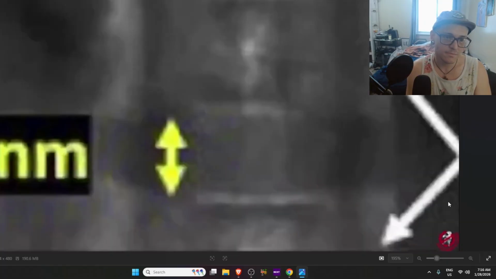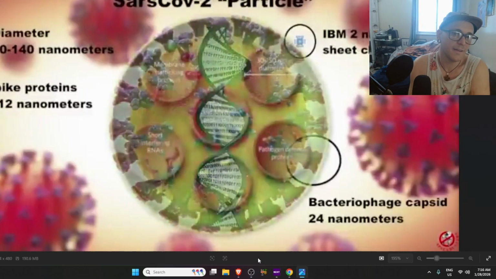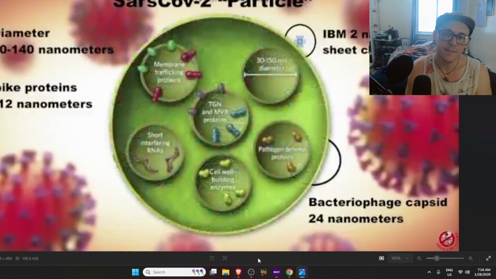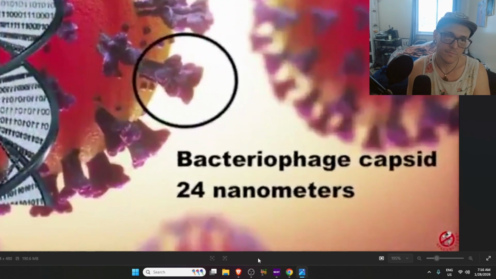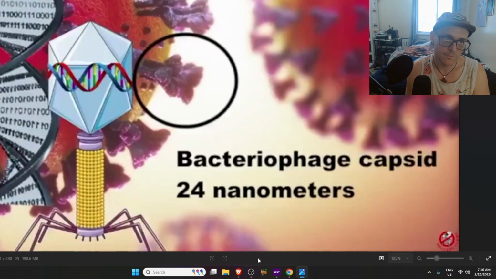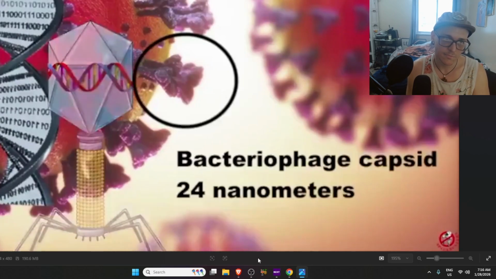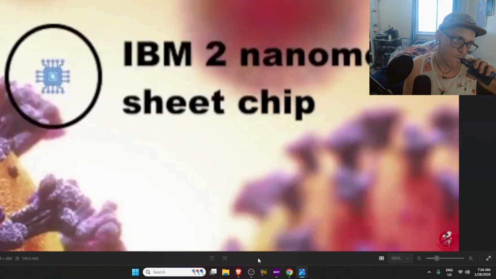So let's put this in perspective. Are we really to believe that scientists can isolate, purify, and genetically sequence exosomes the same size as alleged virus particles, also isolate and genetically sequence the capsid of a bacteriophage that is literally the size of just 2 spike proteins on an alleged virus particle, and IBM can manufacture a 2 nanometer sheet 70 times smaller than an entire virus particle and attach it to a nanochip?